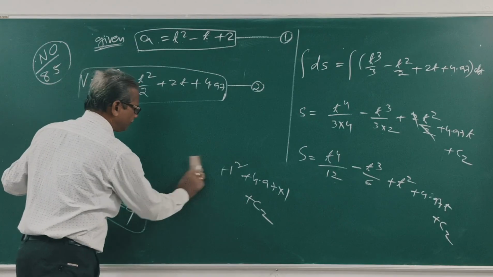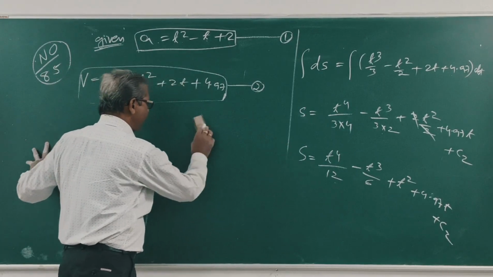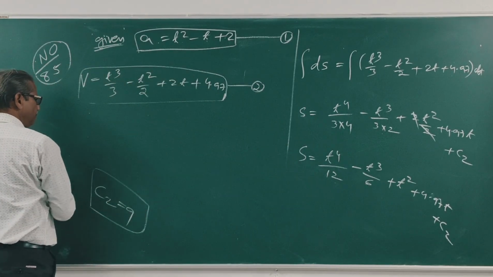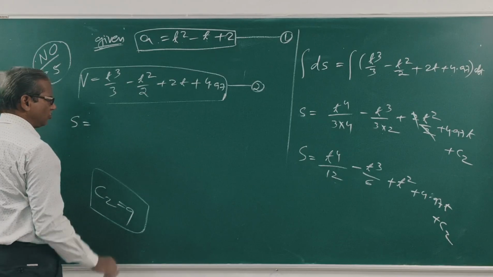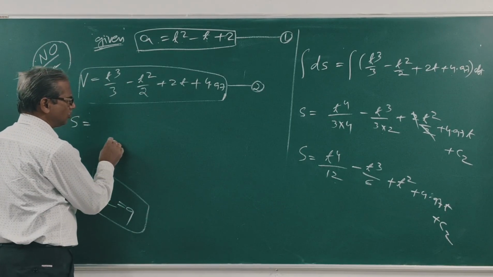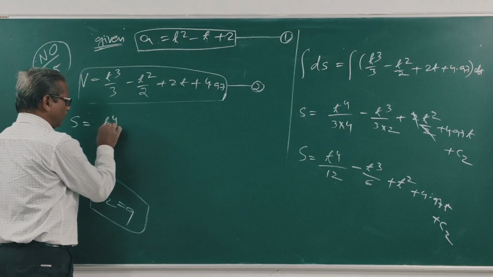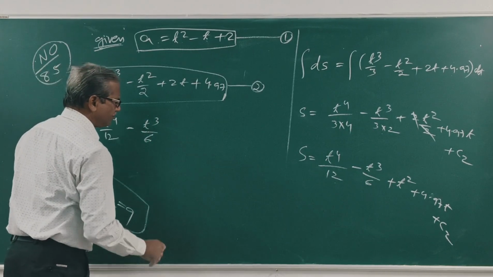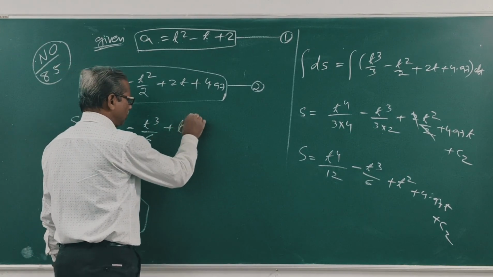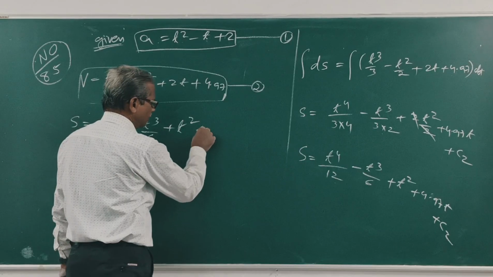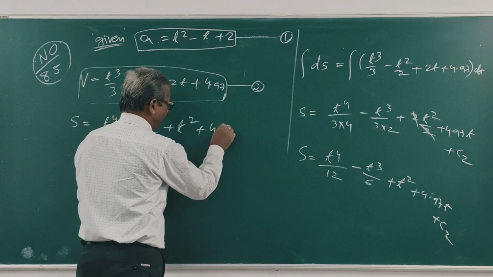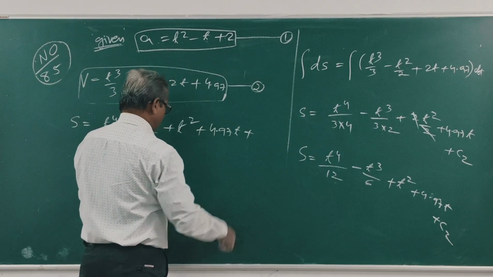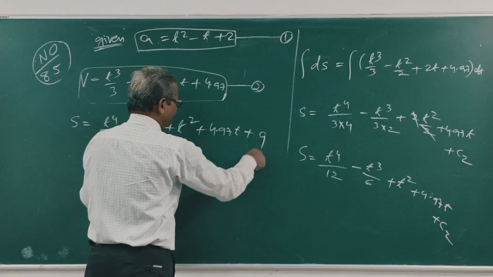Therefore, s is equal to t fourth by 12 minus t q by 6 plus t square plus 4.97 t plus 9.